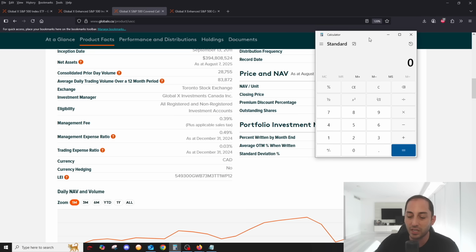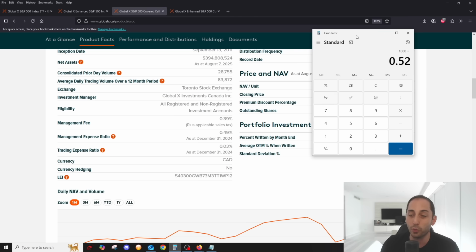So for this one, if you want to calculate the cost for every $1,000, you do $1,000 plus 0.52%, right? 49 basis points plus 3 basis points equals 52 basis points, or 0.52%. So this would cost you approximately $5.20 fee for every $1,000 that you invest.